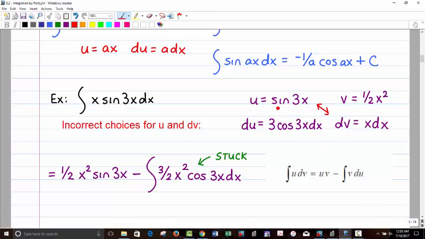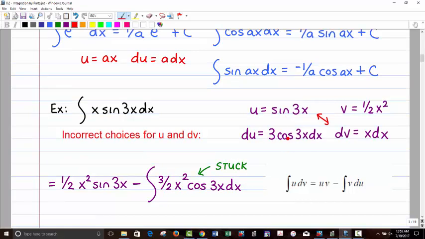If I ask people the derivative of sine of 3x in a face-to-face class, they'll go cos of 3x, assuming they're not looking at this on the screen. But with the chain rule, you've got to take the derivative of 3x, which will be 3. So it's 3 cos 3x. And now this is dv, so the antiderivative of x would be 1/2 x squared.